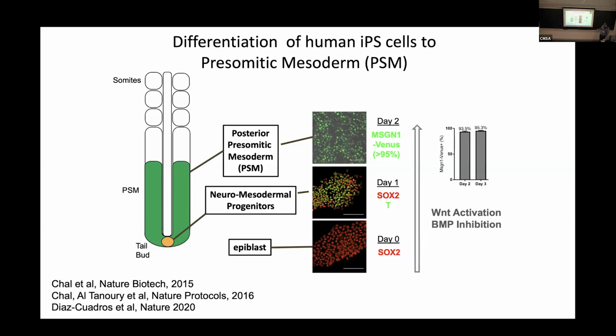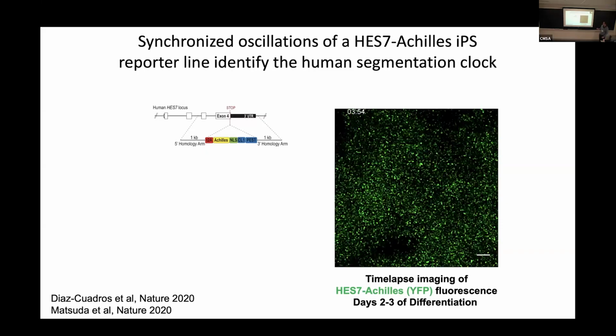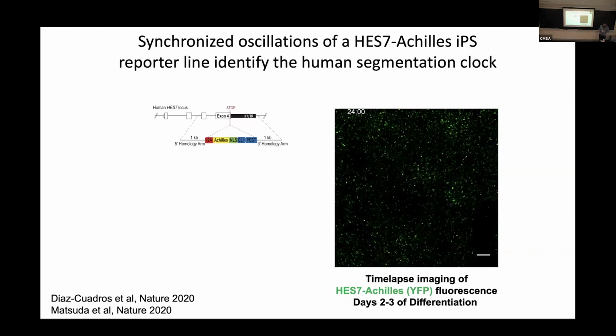The differentiating cells recapitulate the normal sequence, so they first form tail bud precursors and then presomitic mesoderm. Then work from Margarete Diaz-Quadros when she was in the lab showed that if you introduce a fluorescent reporter for a cyclic gene in these cells and differentiate them to presomitic mesoderm, they will recapitulate the oscillations.